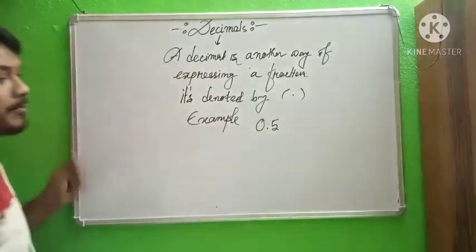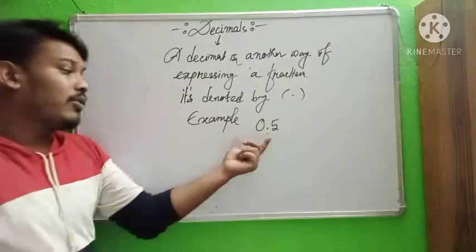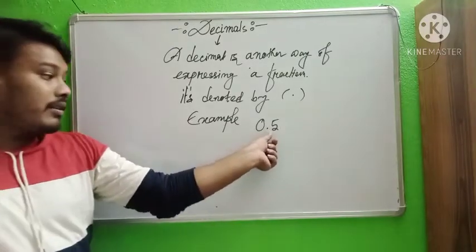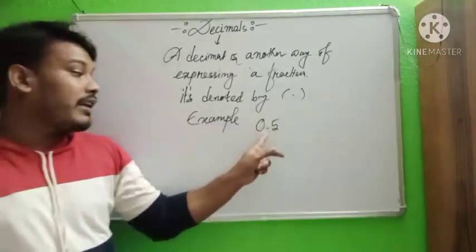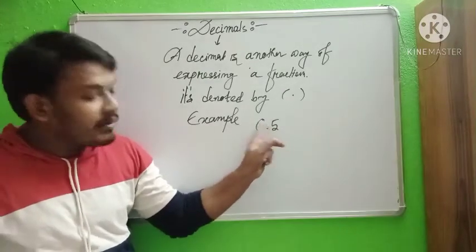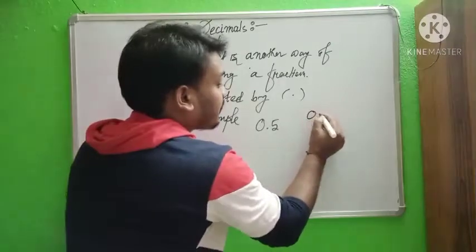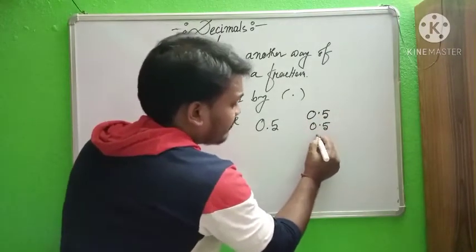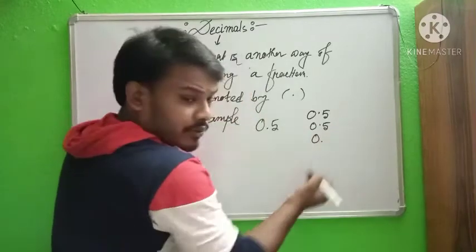One thing: when you write the decimal point, try to put it on the lower side, not in the middle. Not in this way, 0.5, but like this, 0.5. Try to put the decimal in the lower part.